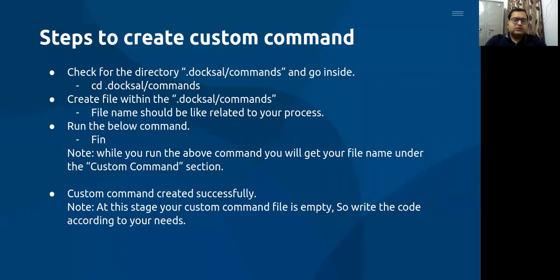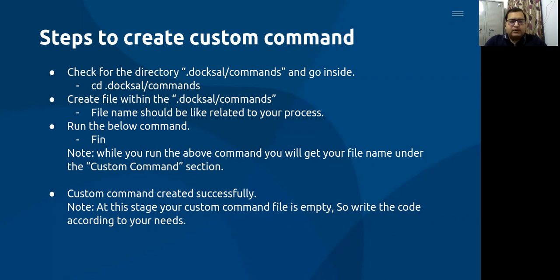Next is the steps to create a custom command. Here we are discussing a few important and very easy points to create custom commands in Doxel. First, check for the directory .doxel/commands and go inside. Before going inside, we need to talk about .doxel. What is .doxel? .doxel is a very important directory.